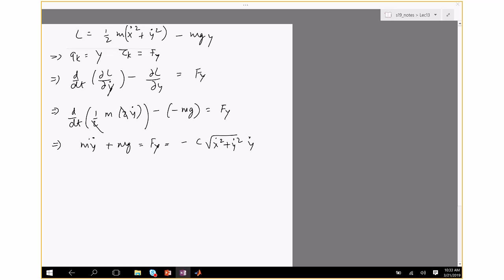And so I can write a formula for y double dot that is equal to minus g minus c divided by m times x dot squared plus y dot squared times y dot.